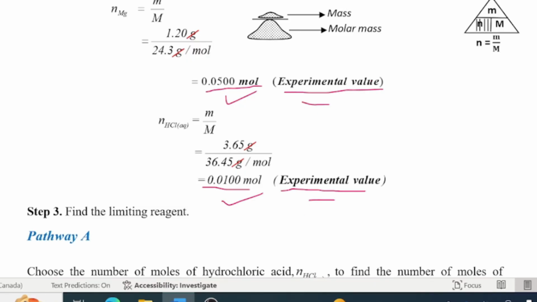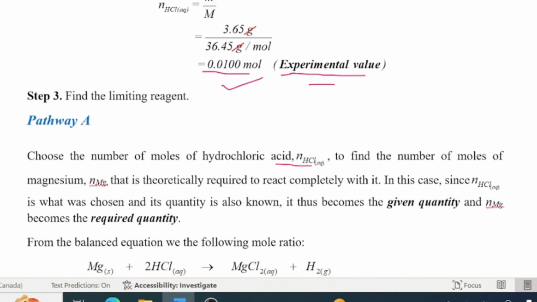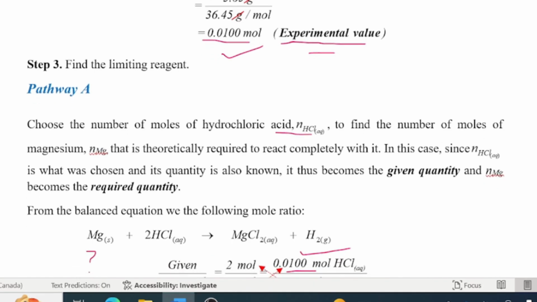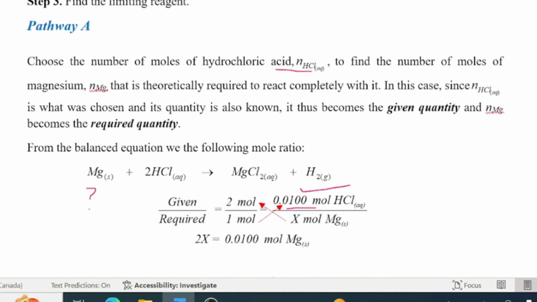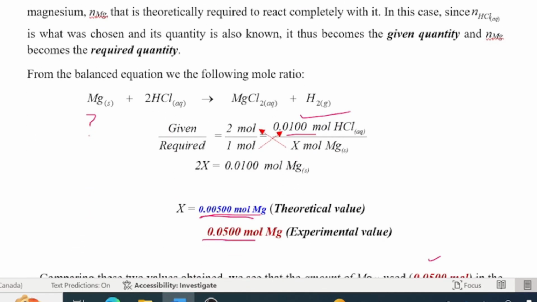Then you choose one to find how much of the other is supposed to react with it completely. So in this case, we chose hydrochloric acid to see how much of this guy was supposed to react with it. This is the amount of hydrochloric acid in the experiment. This is the amount now of magnesium that was supposed to react with that amount of hydrochloric acid.